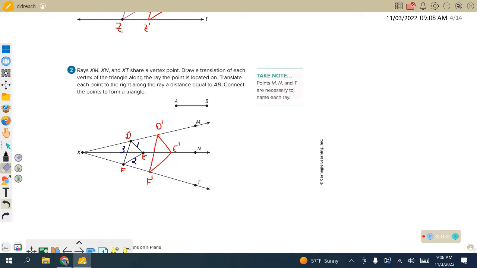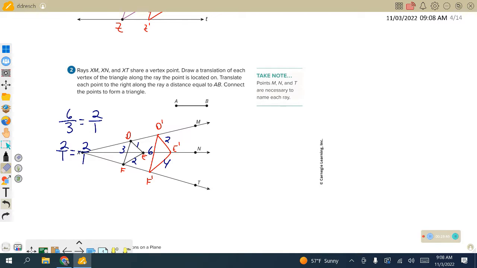When you do a dilation, everything gets multiplied by the same scale factor. So on this one, I'm just going to multiply by 2. When we say the word proportional, what that means is when you start comparing these sides, they're all in the same ratio. 6 goes with 3, a 2-to-1 ratio. 2 goes with 1, still a 2-to-1 ratio.